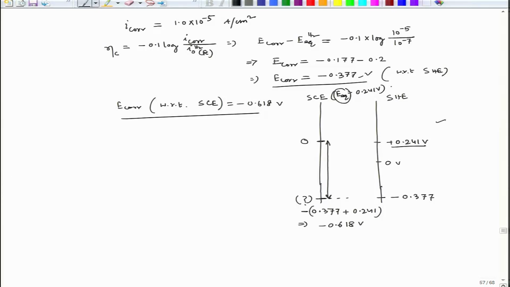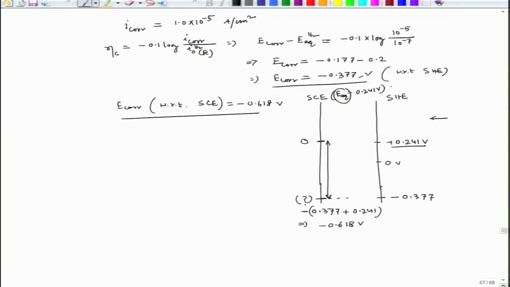In case of the silver chloride electrode, or the copper sulfate electrode, the equilibrium potential of that reference electrode will be different, and that potential is measured with reference to the standard hydrogen electrode, and that becomes 0 because we are taking that potential as the reference potential. Accordingly, you have to change the values as per this scale. Side by side you put those two scales and find out what would be the potential shown in the machine.